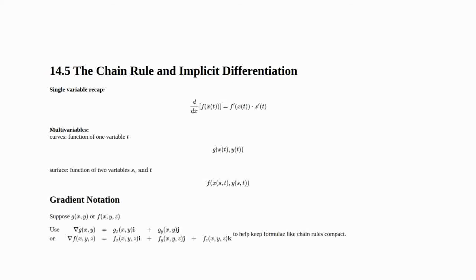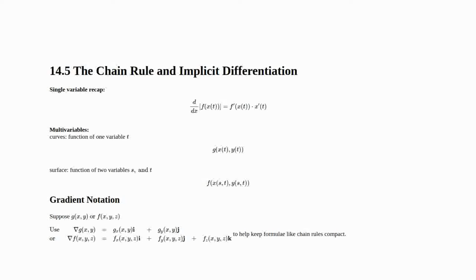So we use this gradient notation already, that the gradient of g(x,y) is equal to the partial derivative of g in x times i, which is a unit vector pointing in the positive x-axis, plus the partial derivative in y times this vector j, which is a unit vector pointing in the positive y direction.